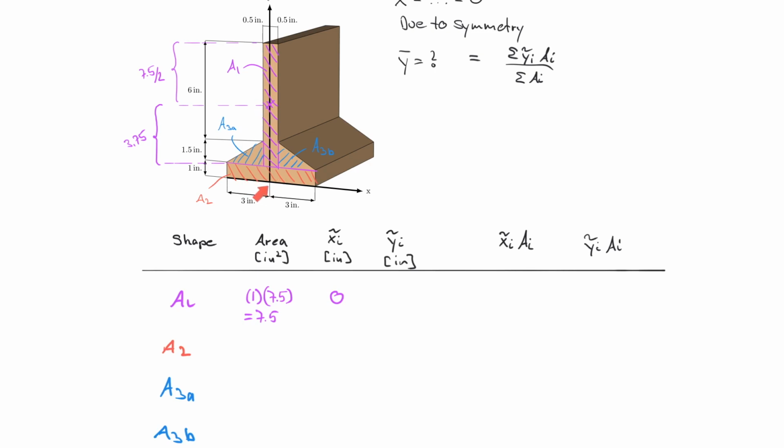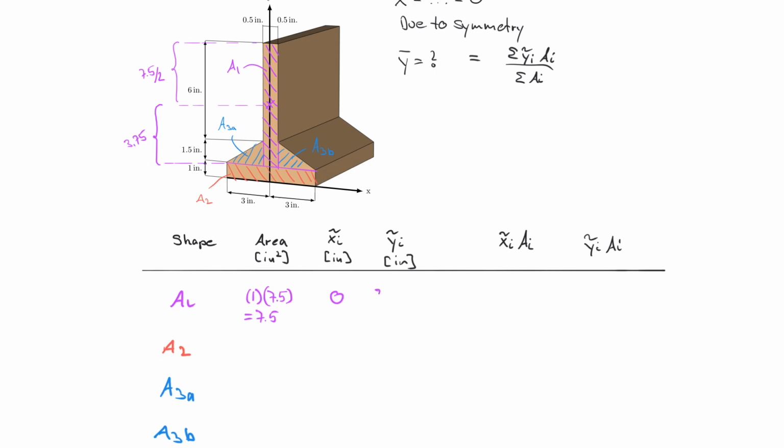There's no movement to the left or to the right. Whereas for the y direction, this is very different. I'm looking from this centroid location of the individual shape to the origin of my randomly chosen coordinate system. So that distance is not just 3.75. In fact, it's 3.75 plus 1. So that is very important to understand.